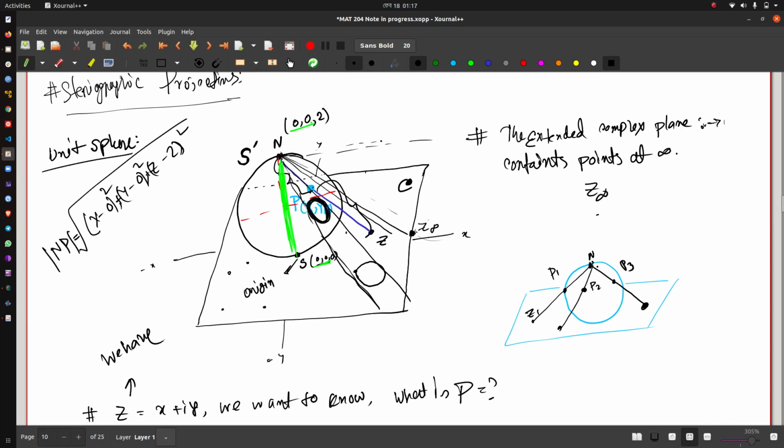And if you consider a straight line, like this, and you project all the points on this straight line onto the sphere, all these points will generate a circle like this. So what is a straight line in the complex plane will be a circle on the Riemann sphere. These are pretty interesting mappings, and hopefully we will discuss them in a more detailed and rigorous manner when we study conformal mappings as well.